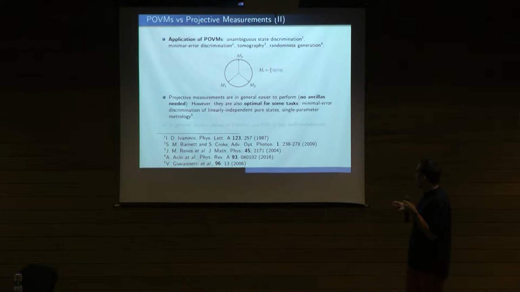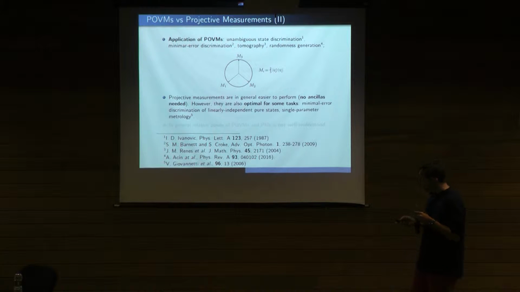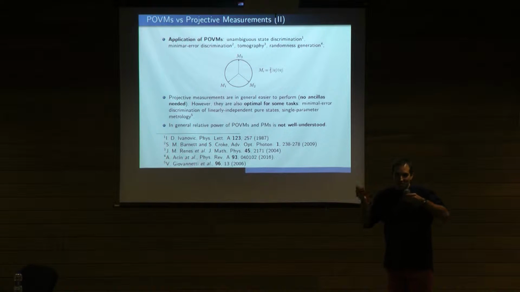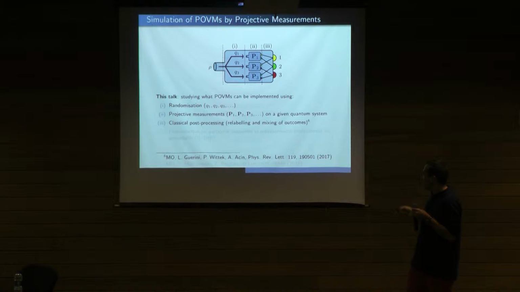For instance, when we want to discriminate pure states that are linearly independent, projective measurements are optimal, or for single parameter metrology, that's also the case. The question I've been interested in in recent years is what is in general the relative power between those two classes, generalized measurements, POVMs, and projective measurements. And I hope to give part of the answer to this question in my talk.